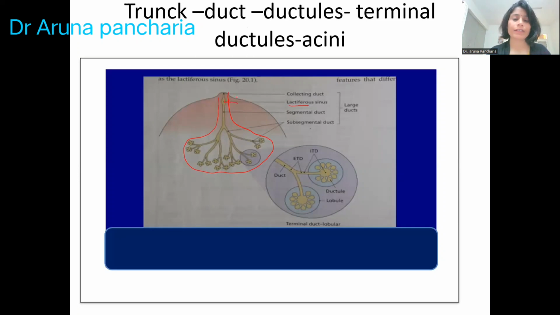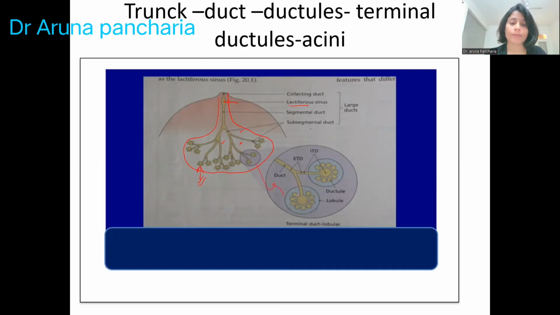This is the lactiferous duct, and this last part is the acini, which are the blind ends of the duct. This entire part is the epithelial component of the breast, and in between is the stroma.